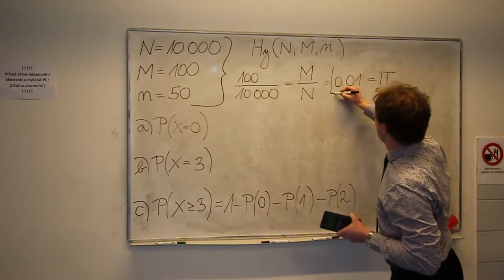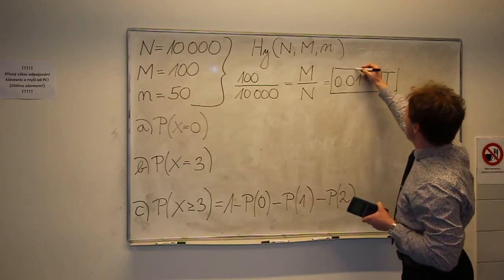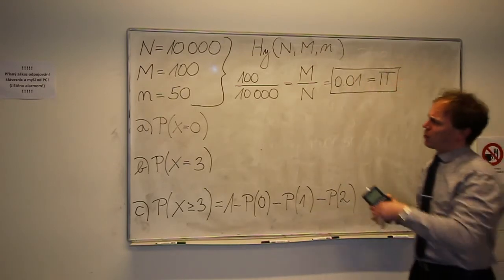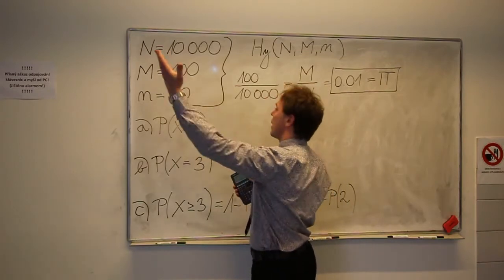Why p? Because this is the probability that we will randomly select a left-handed person.